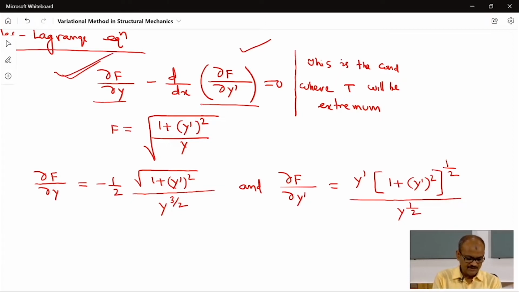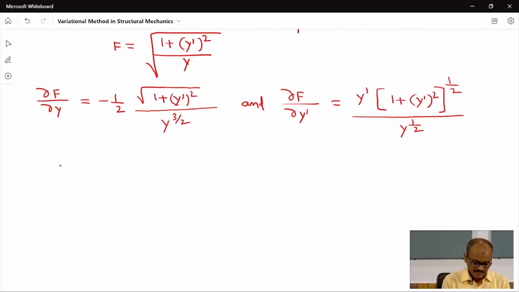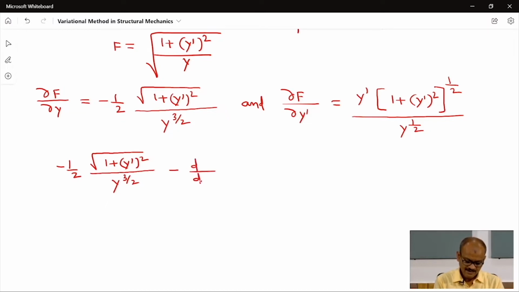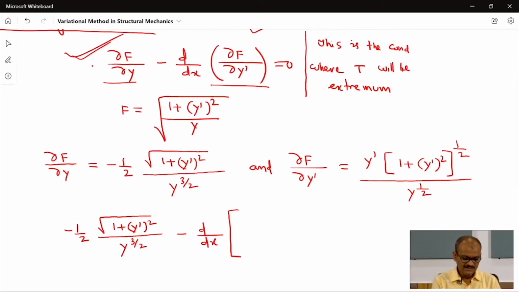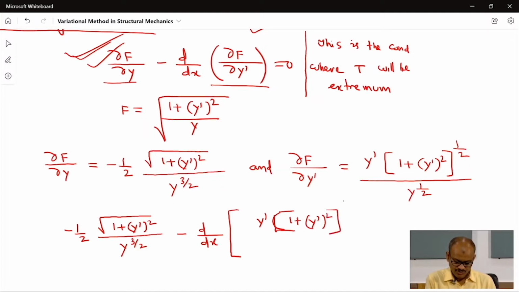And if you substitute here in this equation, I am writing this as minus half into root over of 1 plus y dash square divided by y to the power 3 by 2, minus d by dx of, we are writing this equation, please keep it in mind, y dash into 1 plus y dash square whole to the power half divided by y to the power half, equal to 0.